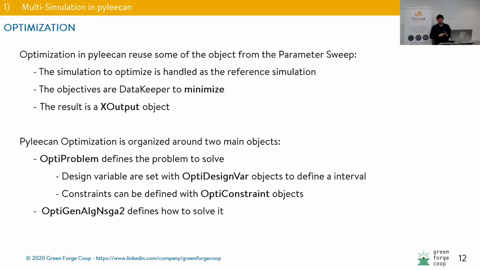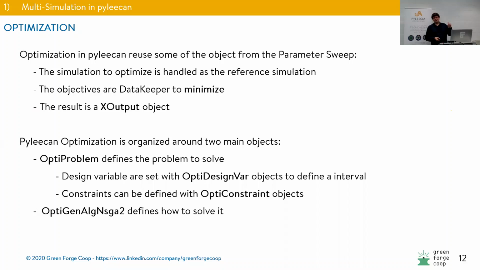The idea behind that is that you can change both objects easily. For instance, if one day we want to introduce a new way of optimizing something in Pyleecan, we just need to define another OptiGenAlg, for instance, object. As long as it has the same methods, as long as we interact with it in the same way, we can add new optimization algorithms to Pyleecan quite easily, and it will run on the same problem.